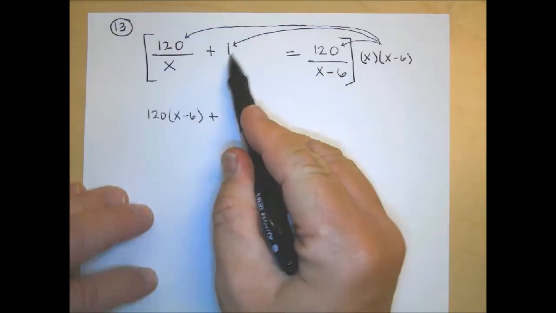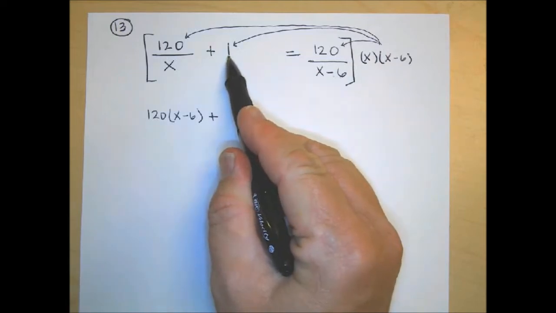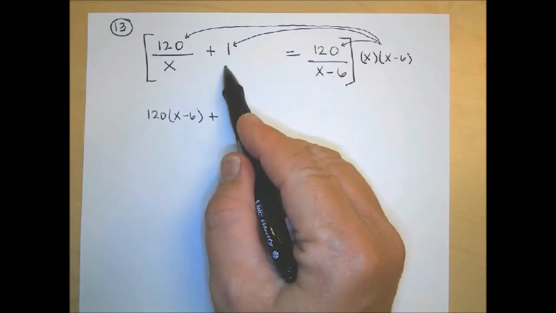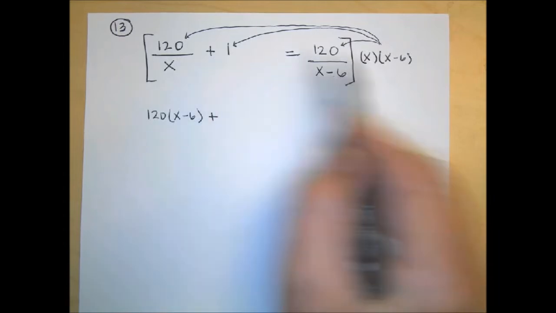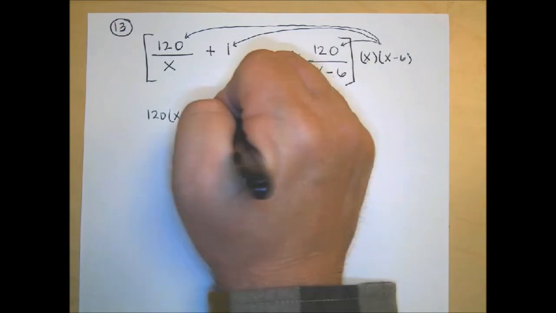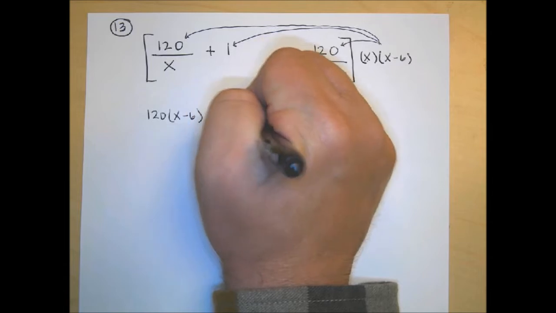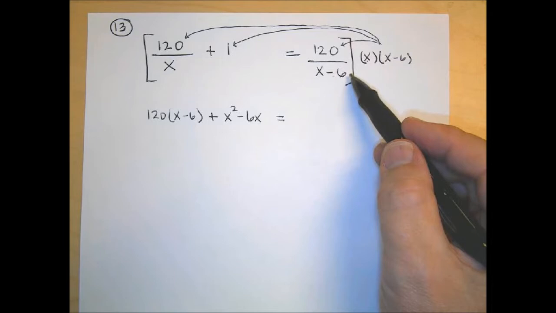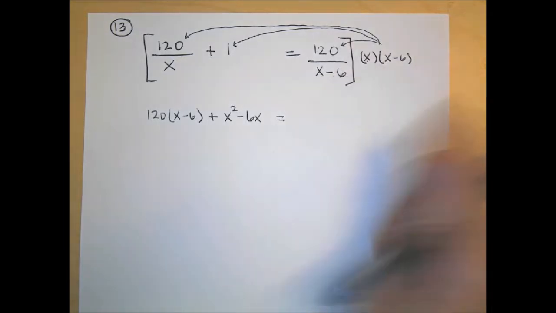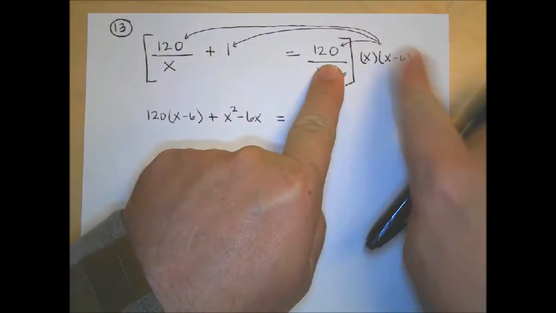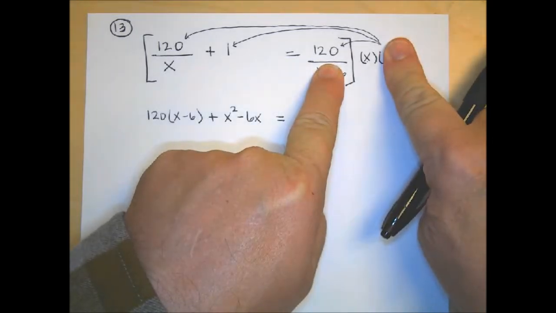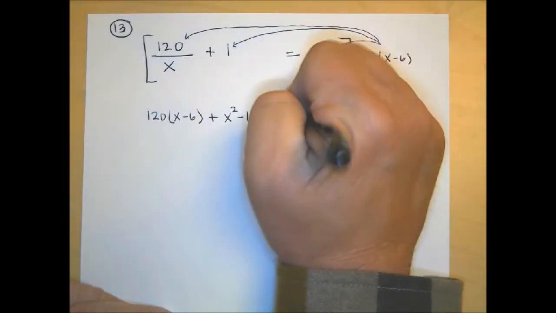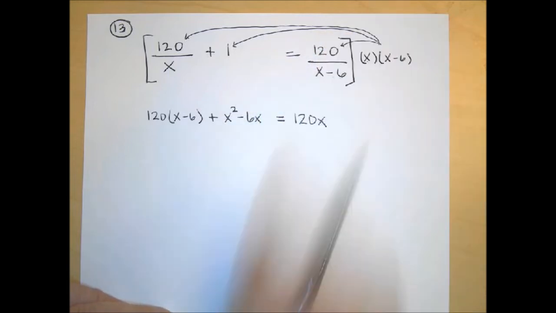Now if we look at the second term in this problem, there isn't a fraction. It doesn't have anything to cancel because there isn't anything down here other than a 1. So I need to take 1 times X minus 6, which is X squared minus 6X. Now for this fraction right here, the denominator of X minus 6 is going to cancel with that X minus 6, and it's left with 120X.